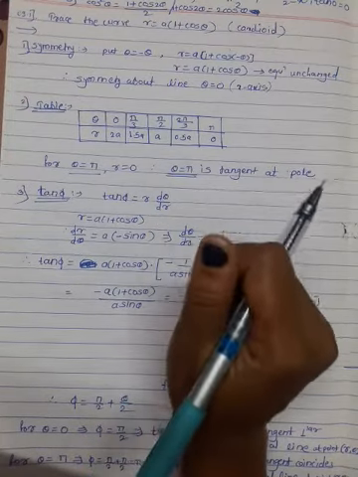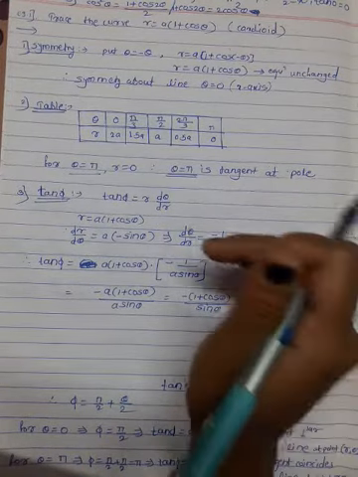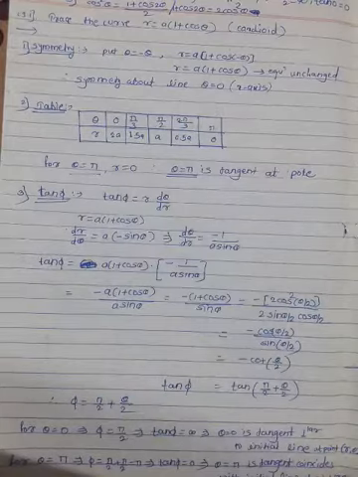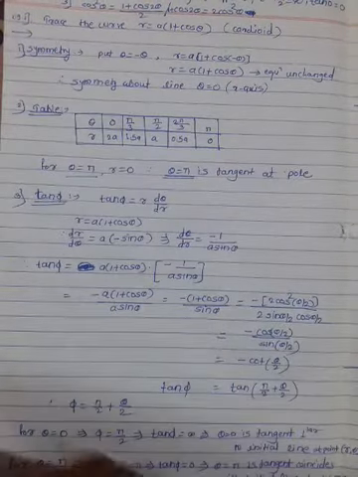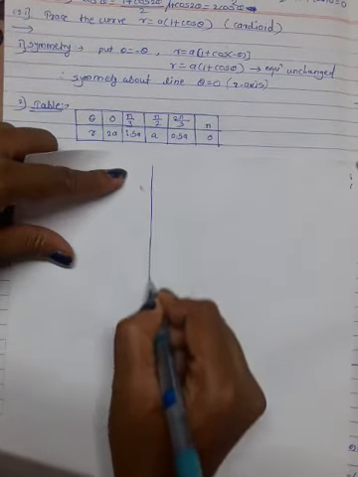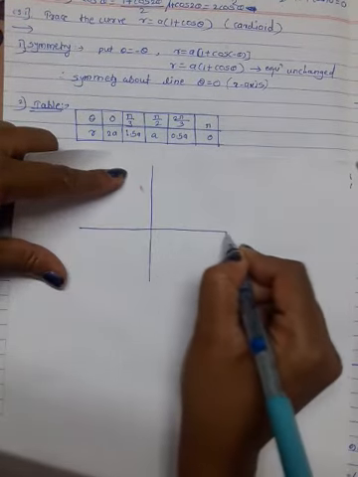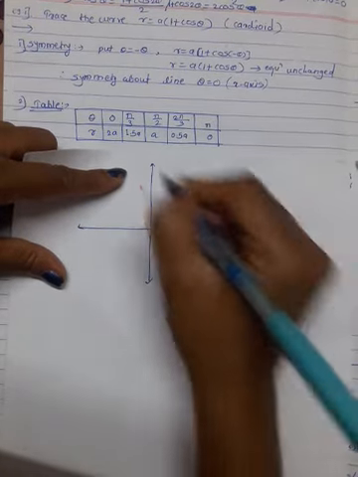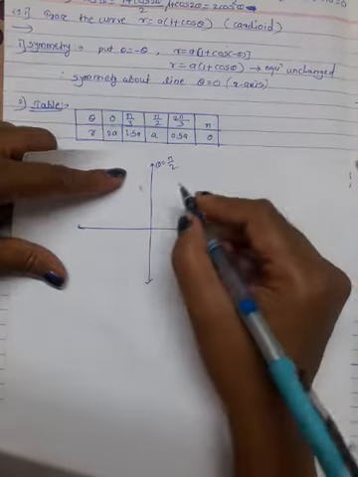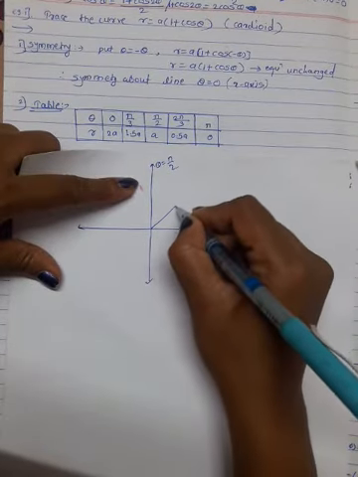Now first we have to draw this curve here. First, these are the lines. Theta is equal to 0 degree. Theta is equal to pi by 2. Pi by 3 is 60 degree.